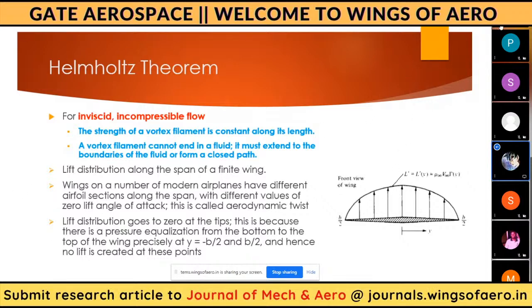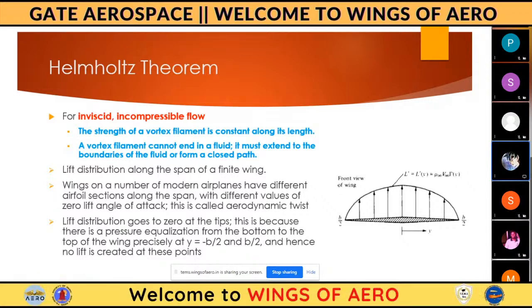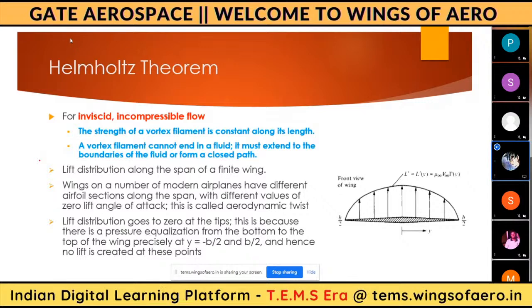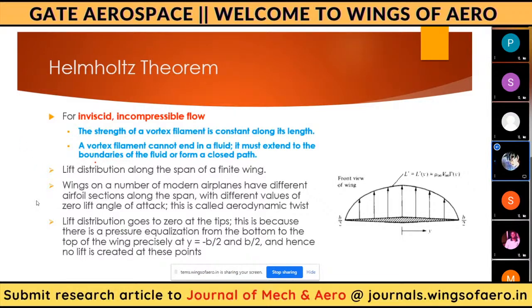A control volume or a boundary. Yes, we call the test section a control volume where we keep the aerofoil or wing model to test it. So within the boundary only the airflow will be straight.